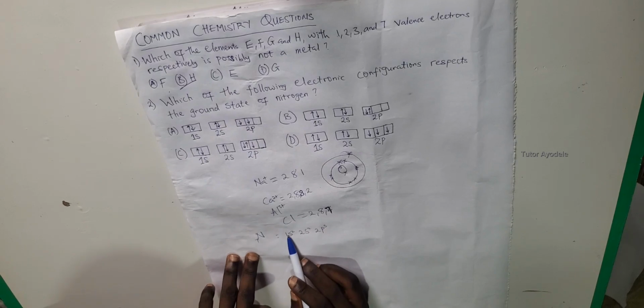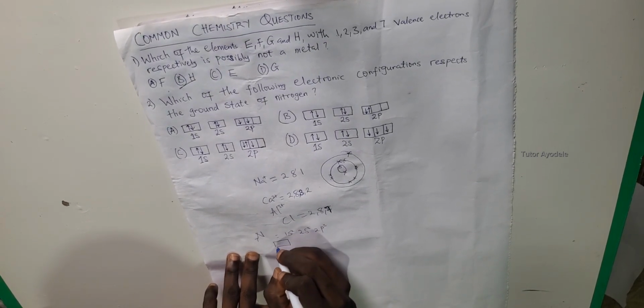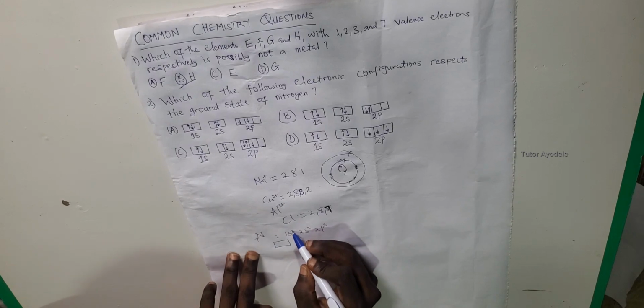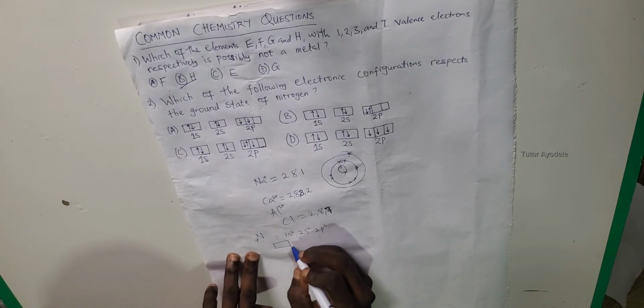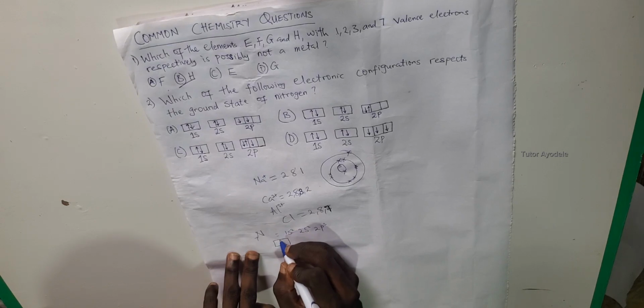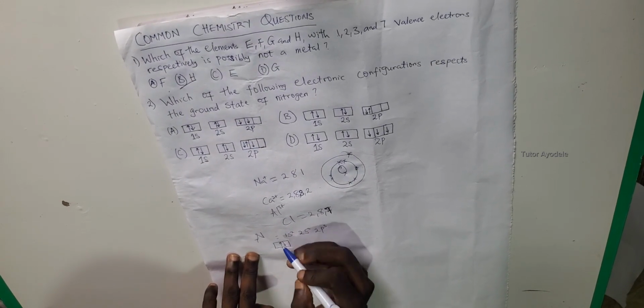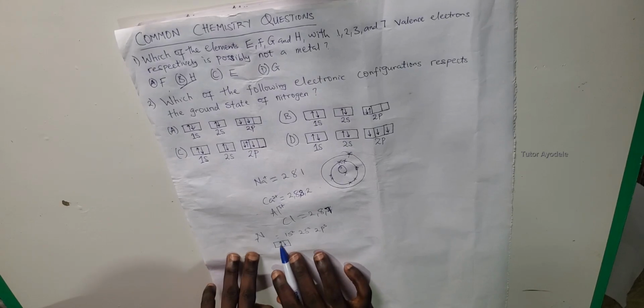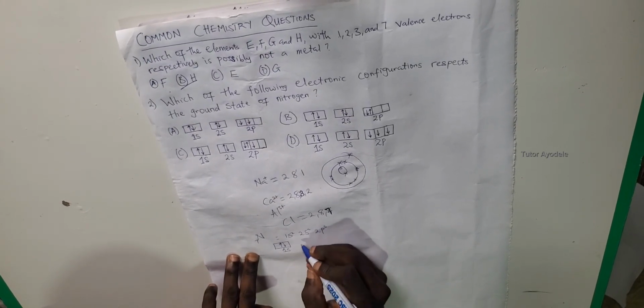For the s orbital, the maximum number of electrons it can accommodate is just 2. That is the maximum. You can write it like this.